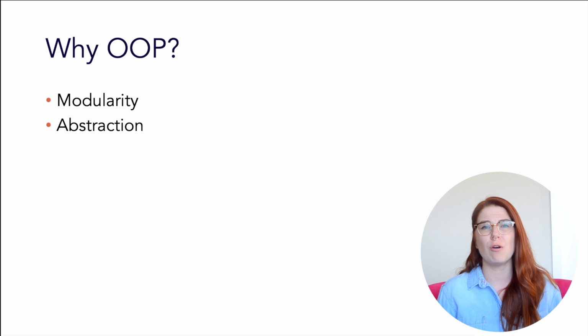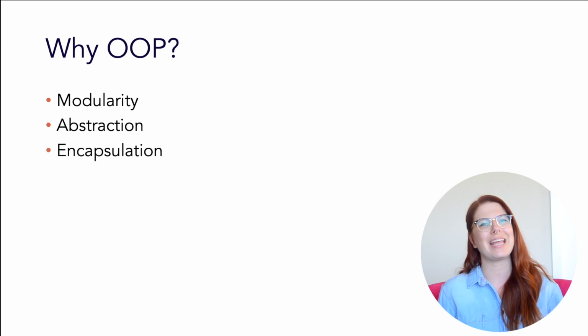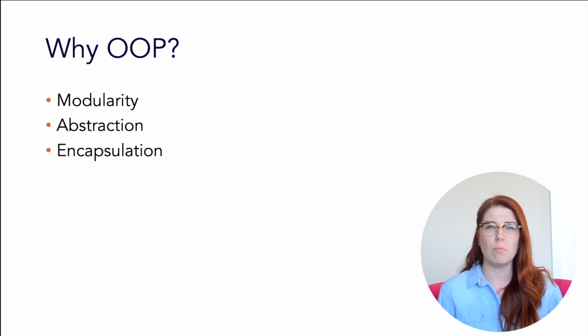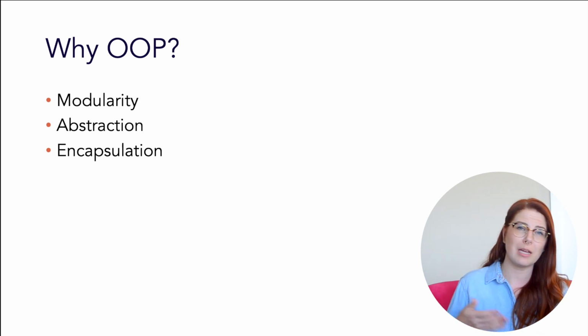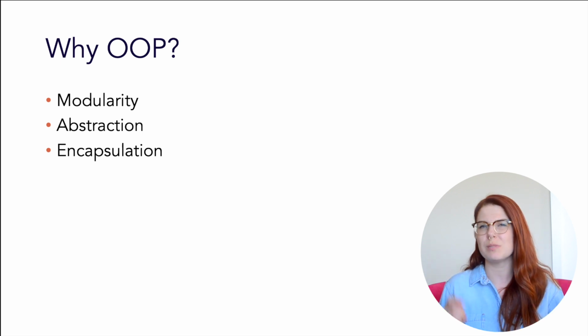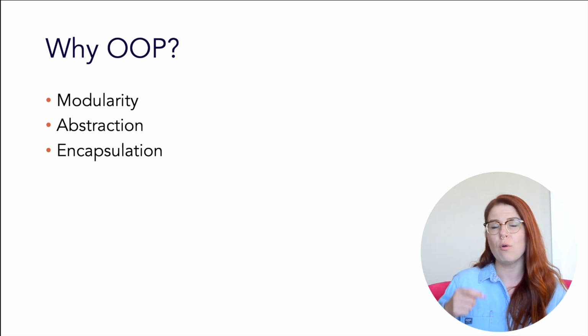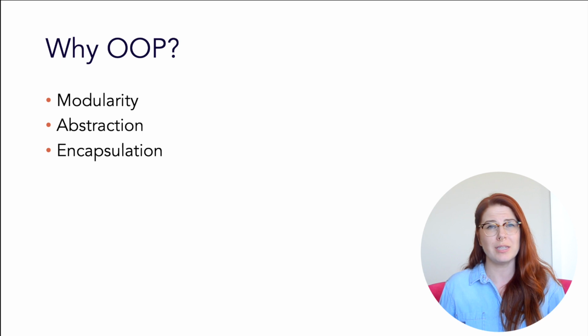OOP is also, because of this modularity, really great at fine-grained encapsulation. Also, most object-oriented languages come with encapsulation features where you can specifically mark pieces of data private, public, sometimes protected, so you can have a really specific level of control over what pieces of code can access what data.